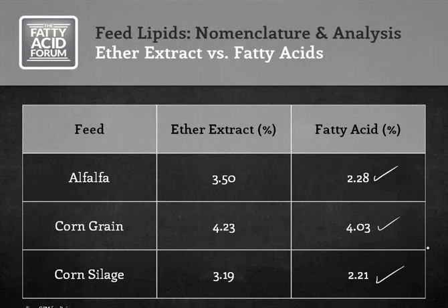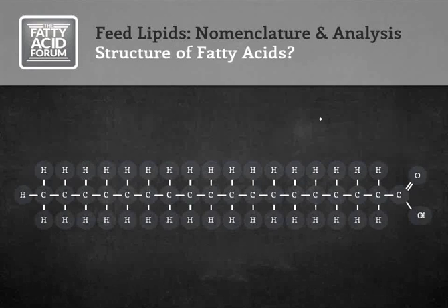And you can see invariably that the fatty acid content is considerably less than it is for the ether extract value, because the ether extract is inflated by the non-lipid compounds. So the fatty acid analysis provides us more pertinent information to be able to relate the lipid values we get from the laboratory to animal performance.